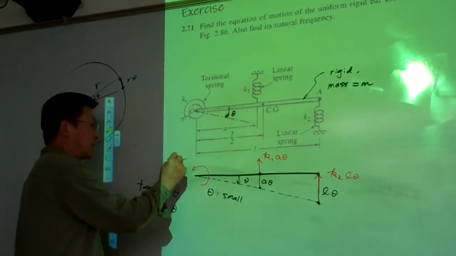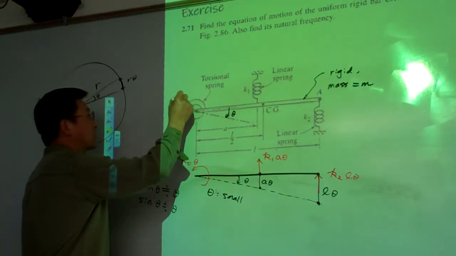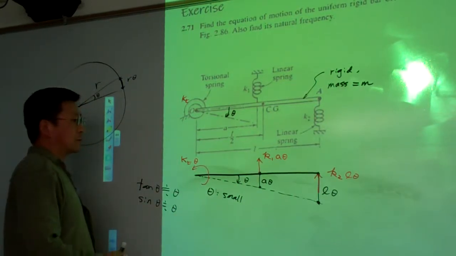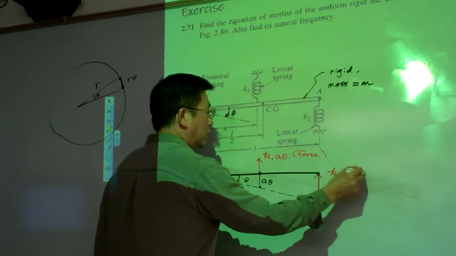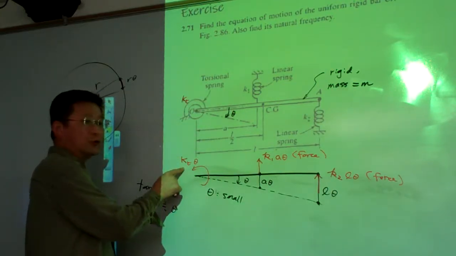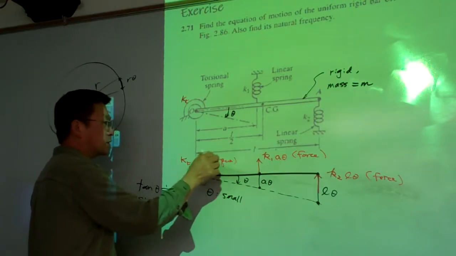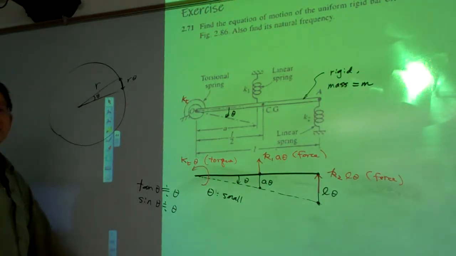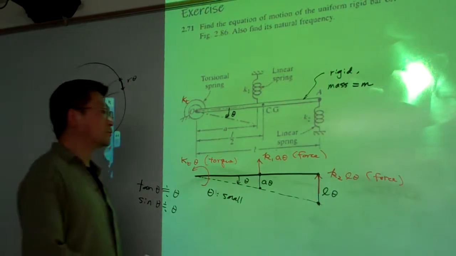That is K, let me call it KT, times theta. Again, I want to emphasize this is a force, and this is a force, but for the spiral spring, due to its unit, this is a torque. Keep those quantities in mind when we do the formulation, so you won't be confused.